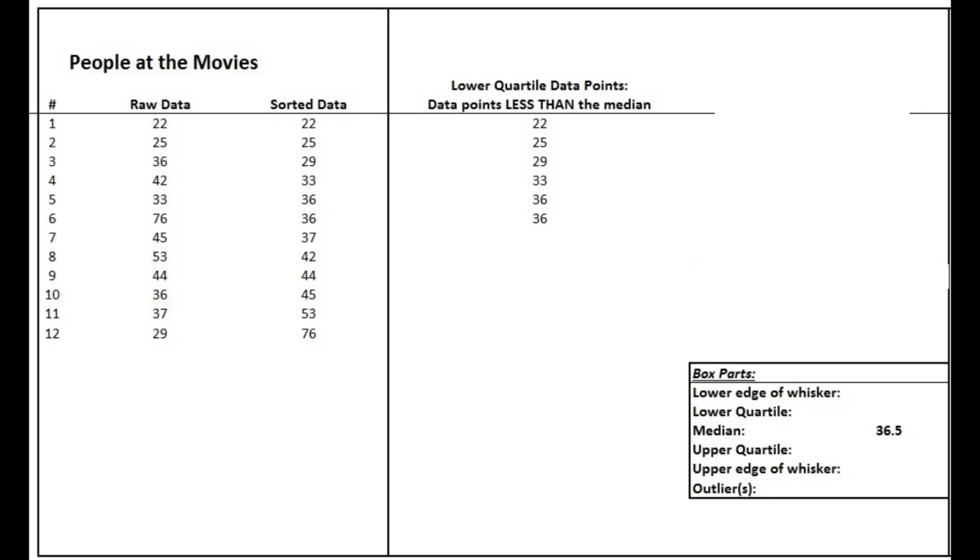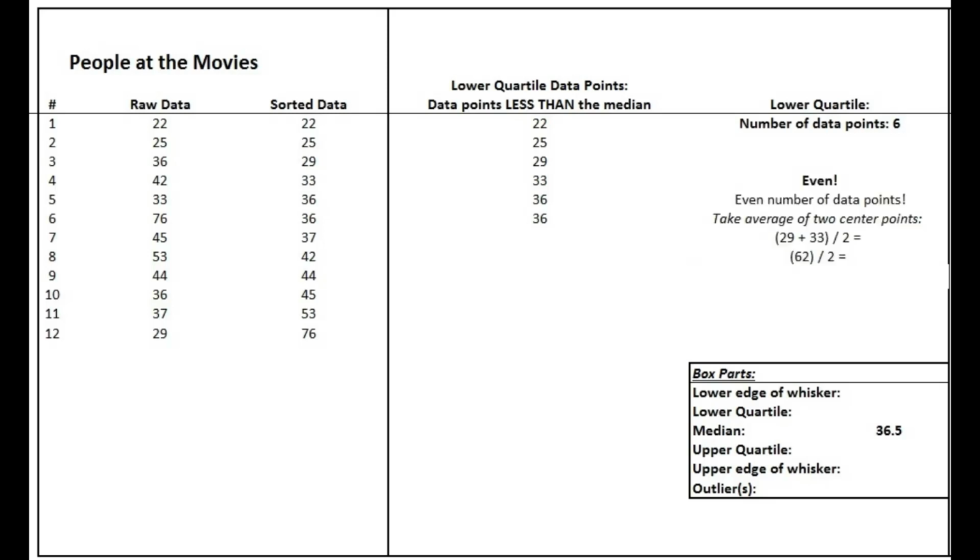So if we're looking at this, 29 and 33 are our midpoints. And again, we have to take the mean because we have 2 data points right there in the middle. So 29 plus 33 is 62. 62 divided by 2 is 31. Now we know what our lower quartile is, 31.